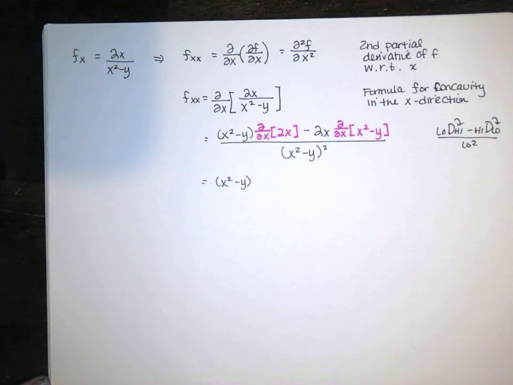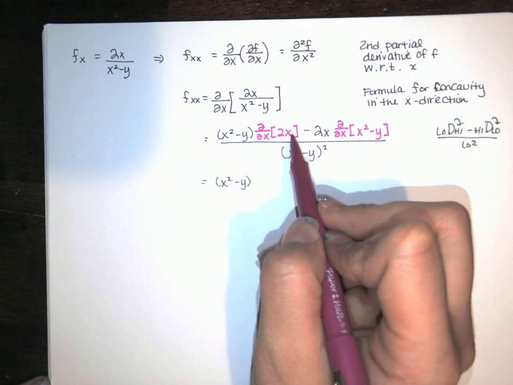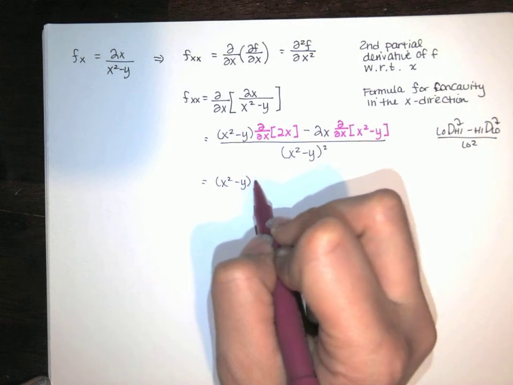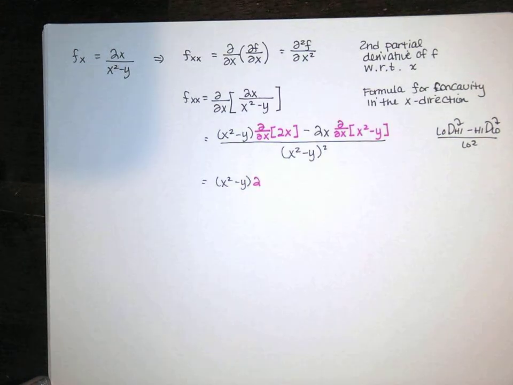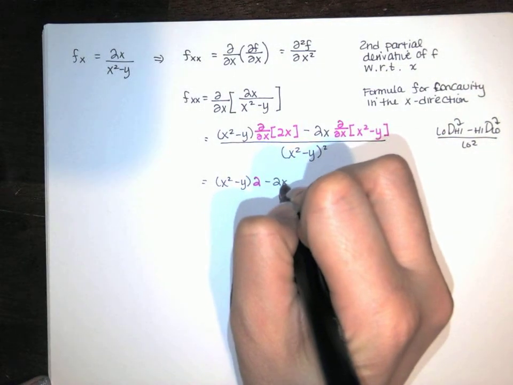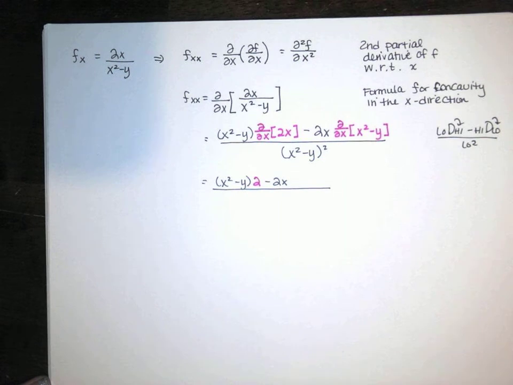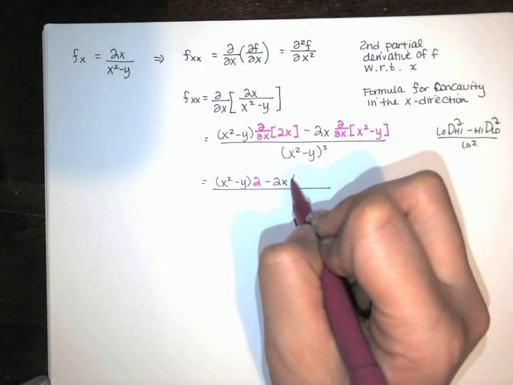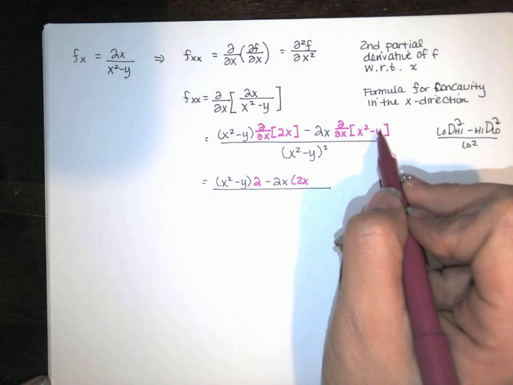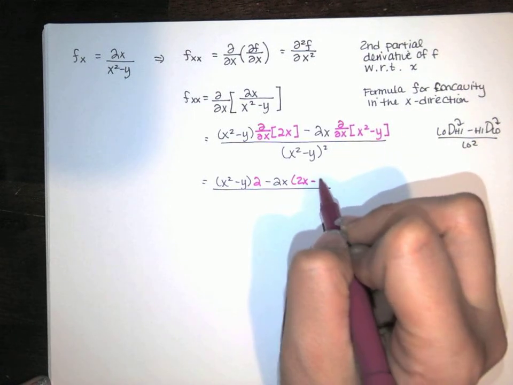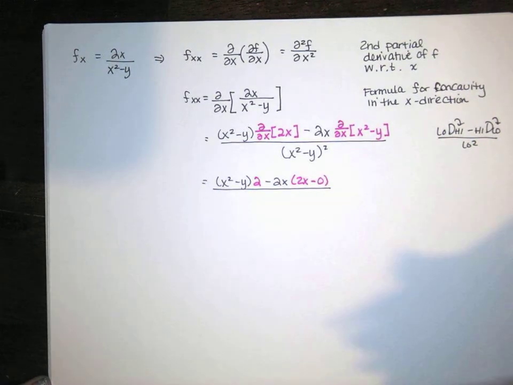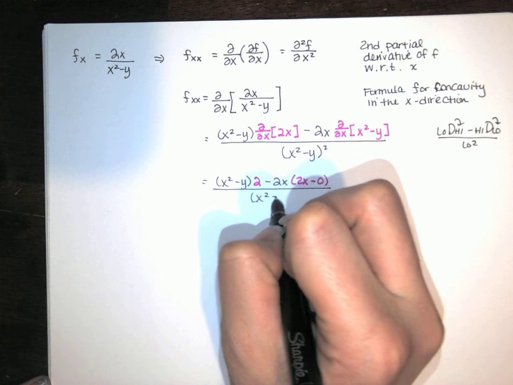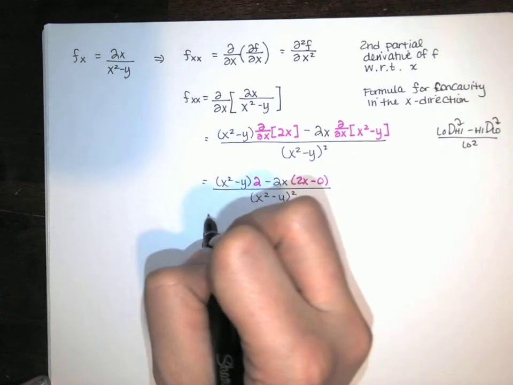So let's do it. The derivative of a constant times x with respect to x is just the constant. The derivative of x squared with respect to x is 2x. The derivative of negative y with respect to x is 0. So we've got this.